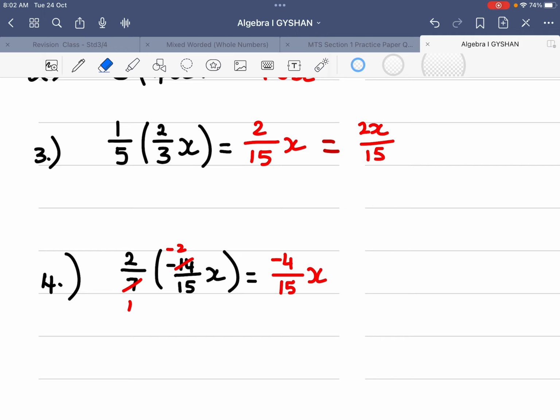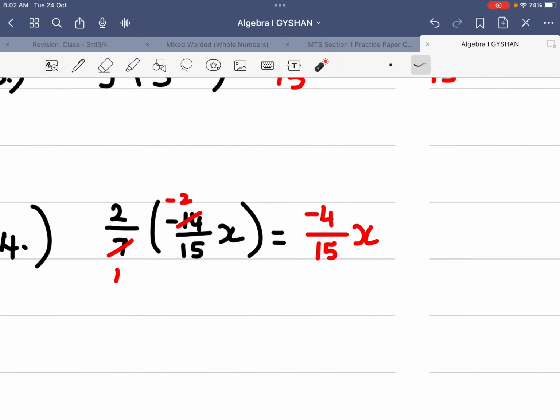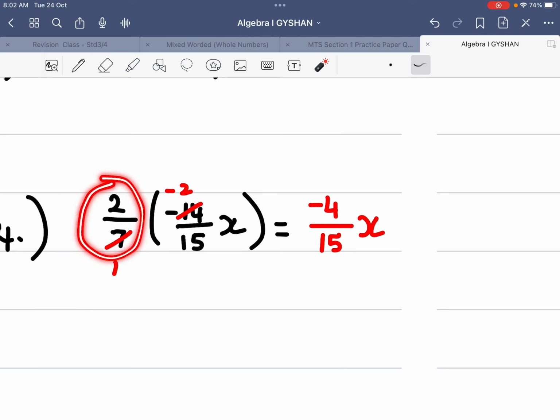Next, we have 2 over 7 multiplied by negative 14 over 15. So we know that 2 cannot go into 15 or 7, so we cannot cancel this way or this way. However, 7 can go into 14, so we can cancel by saying 7 into 7, 1. 7 into 14 is 2. The minus sign is still there, so that's minus 2.